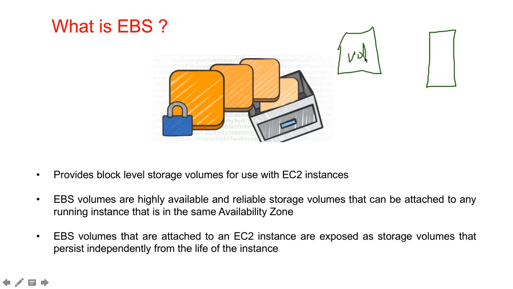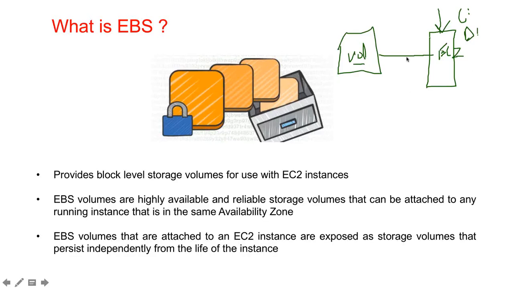Whenever you log into the instance, for example, you perform an RDP or SSH session towards the instance, you can see that these volumes will appear as C drive, D drive, root drive, any kind of drives on your instance.